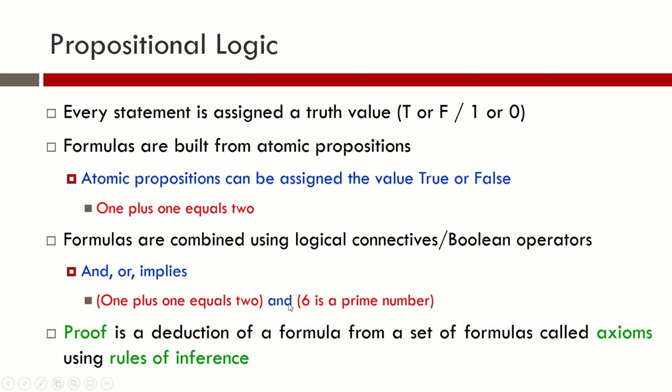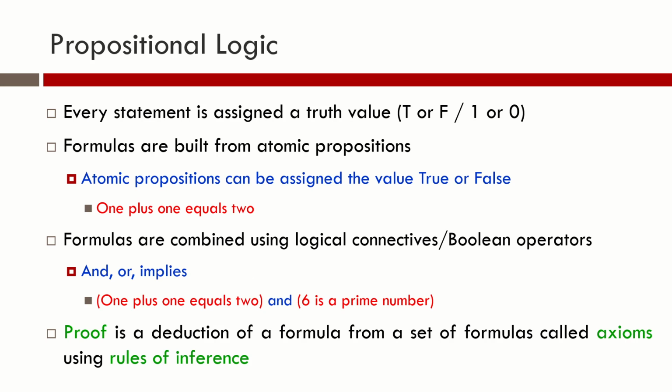So true and false will have a truth value false. Now suppose instead of and, we are using or. So if it is or, true or false, the truth value will be true. As I said earlier, we will be discussing this in detail in the next presentation.